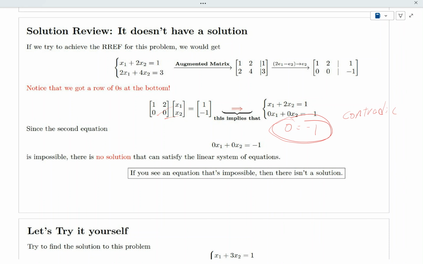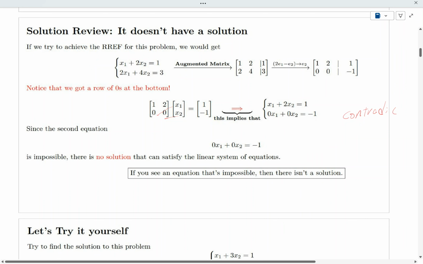Whenever there's a contradiction in the statements, it tells you that in this system of equations it's not even possible that they're all true. Something is contradicting something else, and specifically this equation is contradicting this equation. In those cases, you don't have a solution. That's the case where it is impossible.